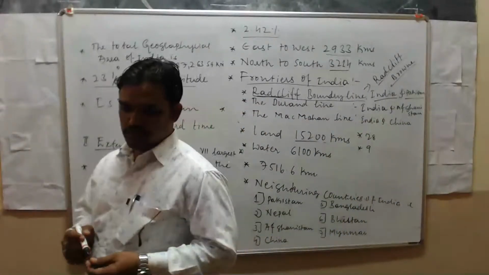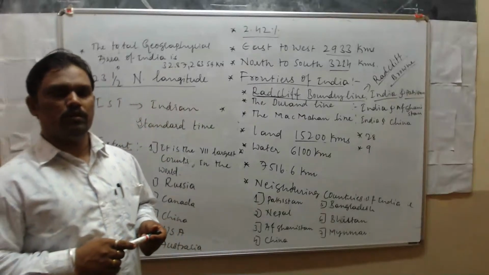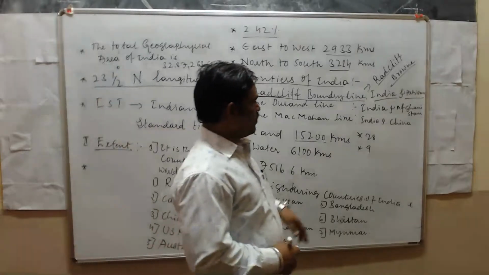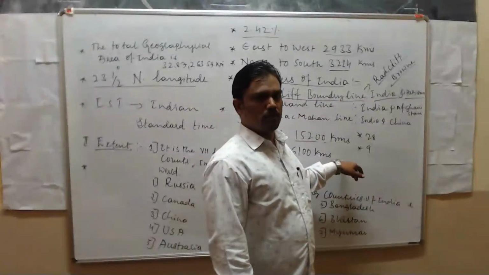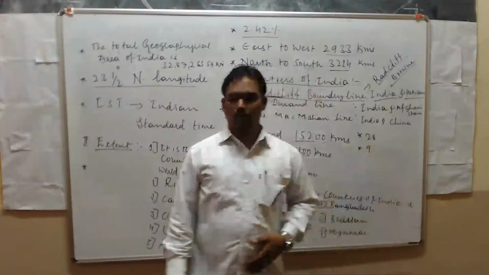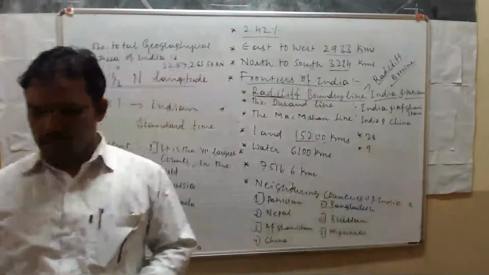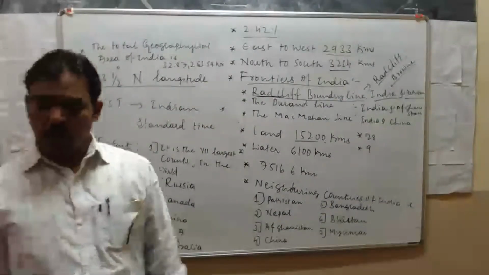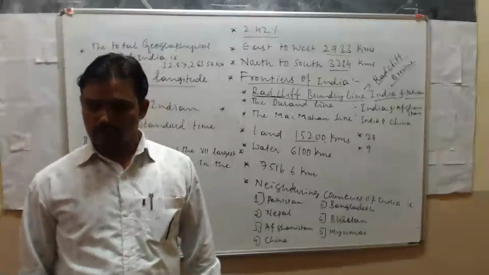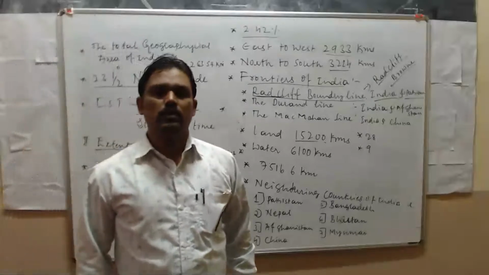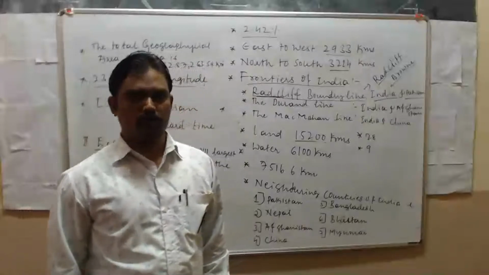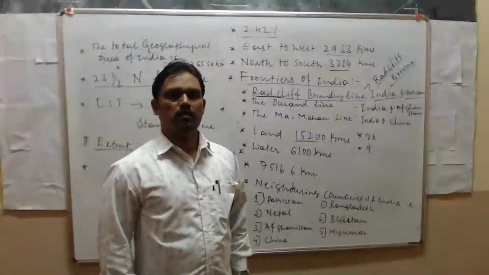Earlier, 29 states and 7 union territories were there. Already you know Delhi is the capital city of India, and Telangana is the newly formed state. In 2014, Telangana was formed, which is the new state of India.